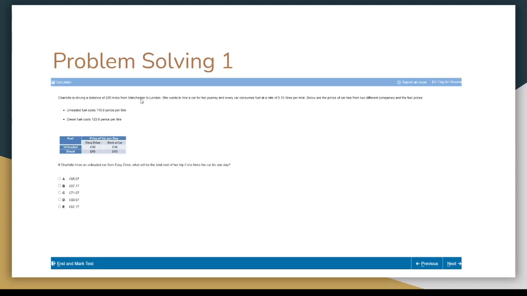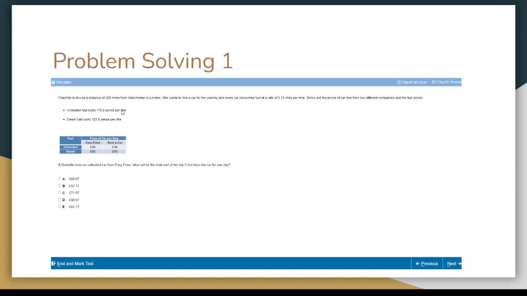It's 200 miles from Manchester to London, so 200 times 0.15 litres per mile gets you 30 litres. You do 30 litres times your unleaded fuel cost, which is £1.169. Or you could just write 1.169 in your calculator.